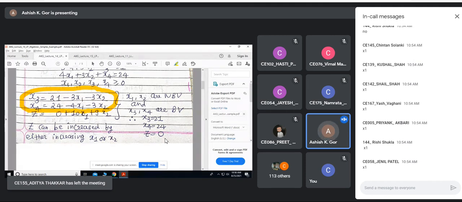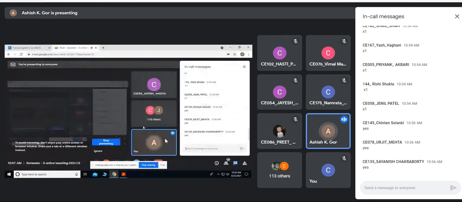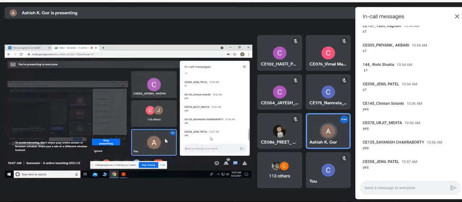Don't worry about the other terms, these are kept at 0. So if I start increasing the value of x1, x3 and x4 will certainly go down. Yes. So by what amount can I increase x1?